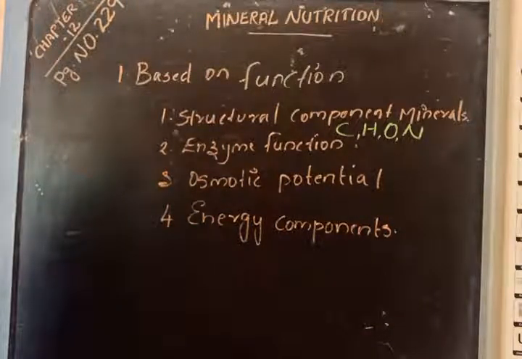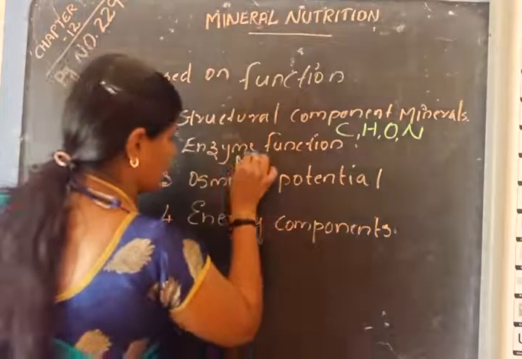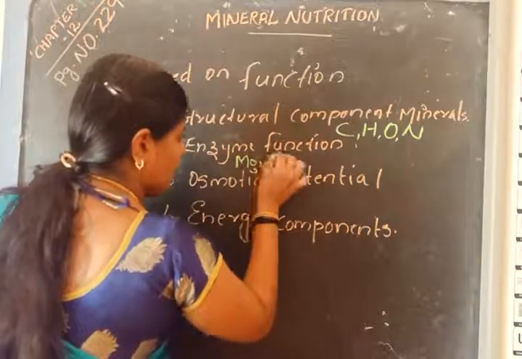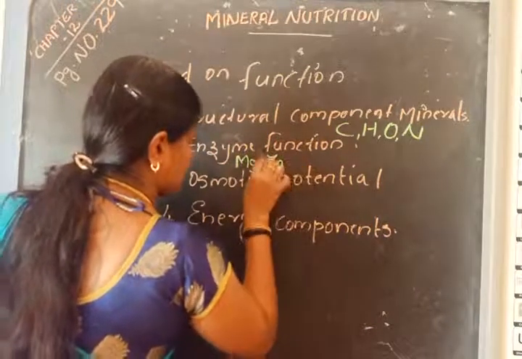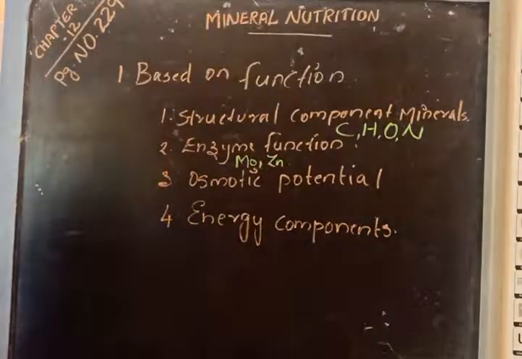Then zinc. Zinc is an important activator for alcohol dehydrogenase enzyme and carbonic anhydrase enzyme. So molybdenum is required for the functioning of nitrogenase enzyme, whereas zinc is responsible for the activation of carbonic anhydrase and alcohol dehydrogenase enzyme. Then magnesium.